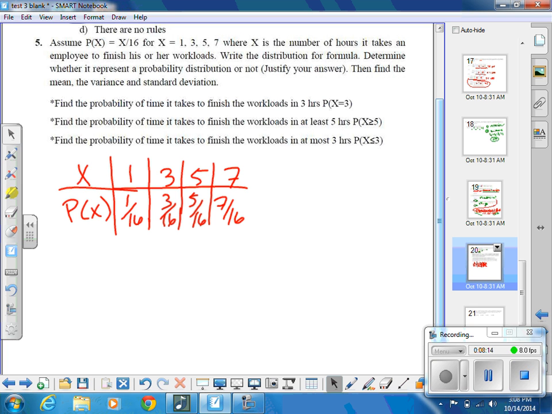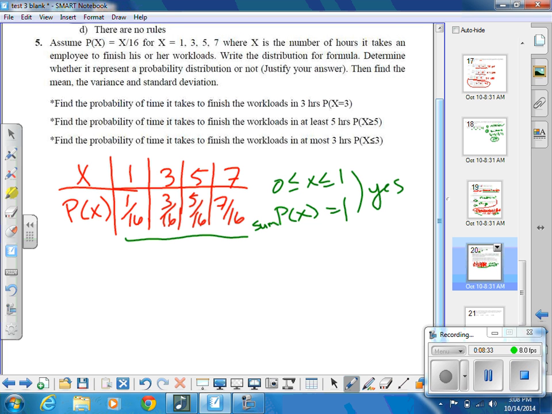Now, I need to figure out, are all of these between 0 and 1? Yes. Does the sum of all of these equal 1? If I take a calculator and add it up, yes. So this actually is a probability distribution. If you're not sure, try on your own. Now from here, it's asking us to find the mean, variance, and standard deviation. So we're going to do that.